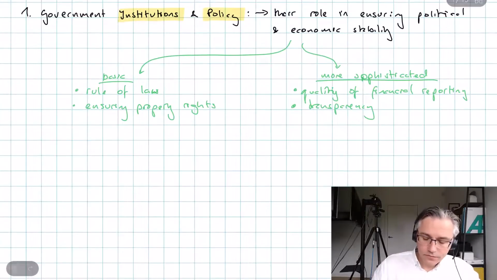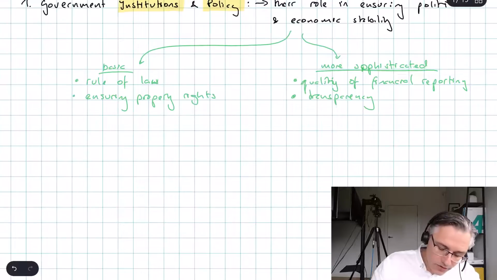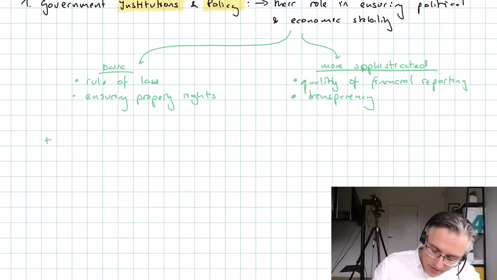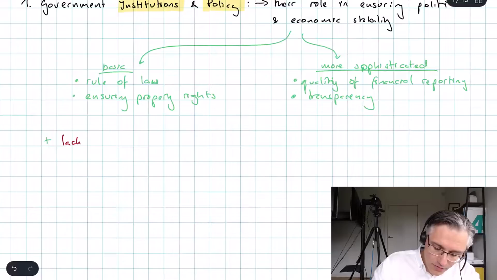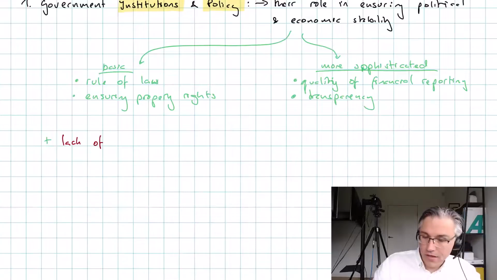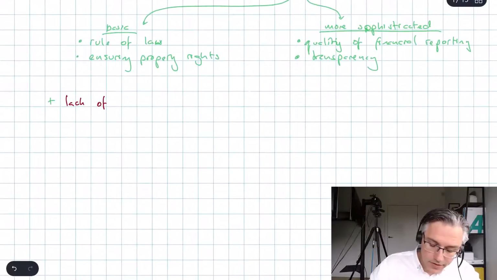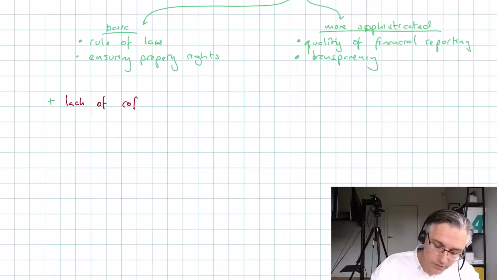Now, also belonging to this category is something like lack of political, or for that matter military, conflicts, but lack of conflicts with neighboring countries.